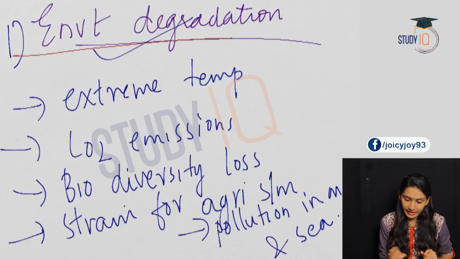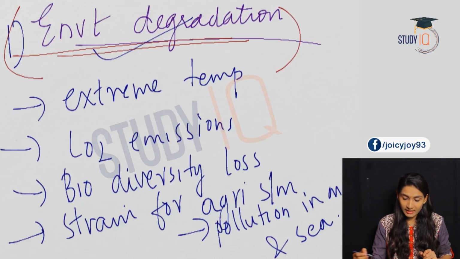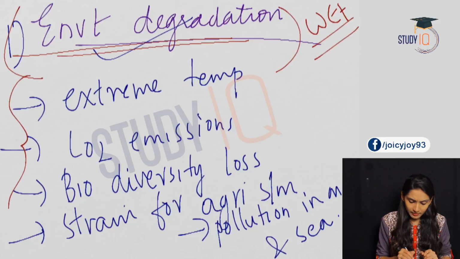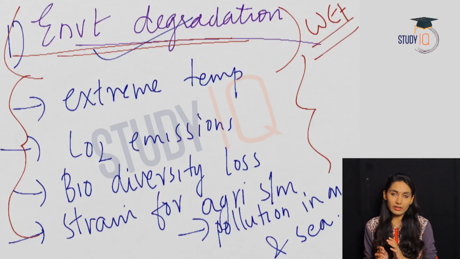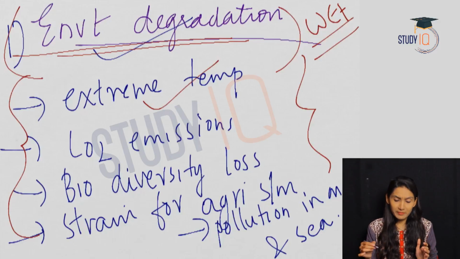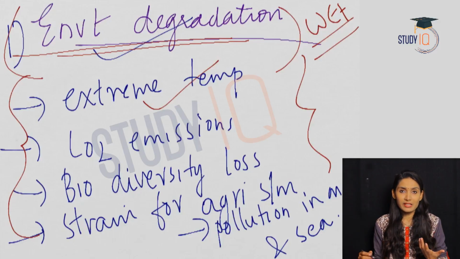So environmental degradation is one of the most important risks provided by the World Economic Forum in its Global Risk Report, and these are the possible or already existing risks associated with environmental degradation. Extreme temperatures means an increase in temperatures, resulting in environmental issues.